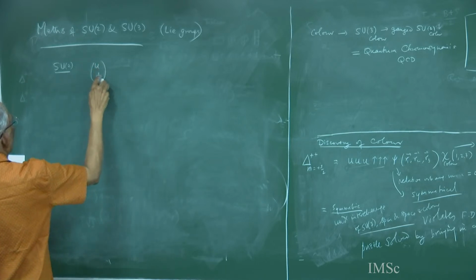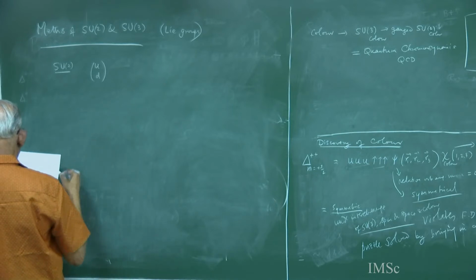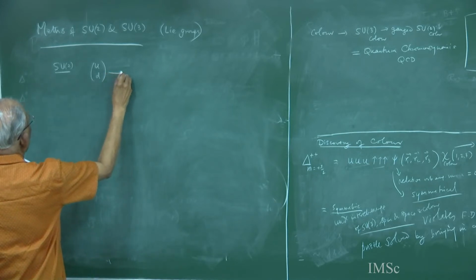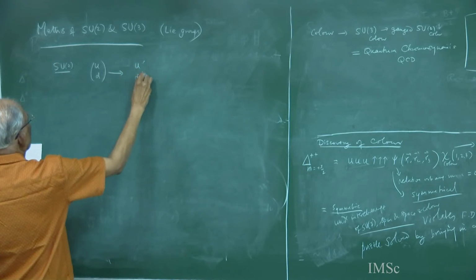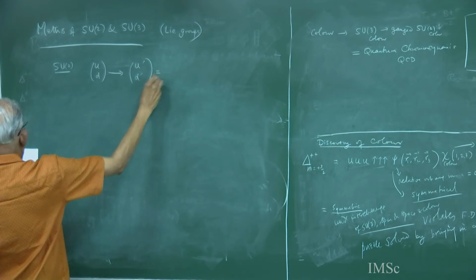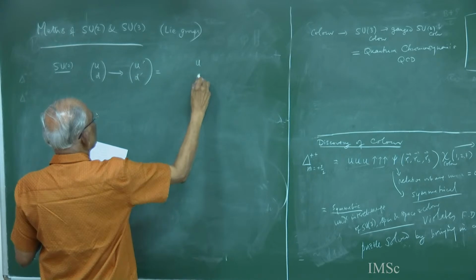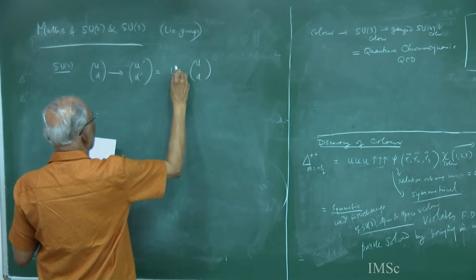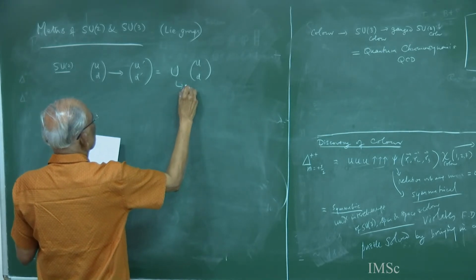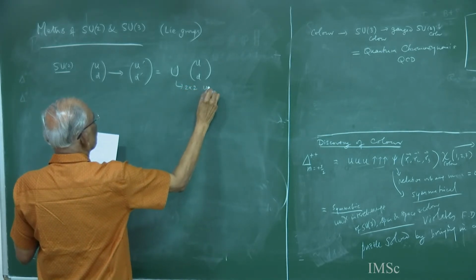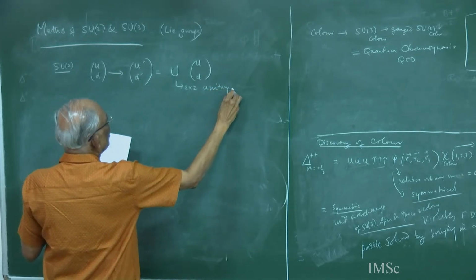This should be regarded as wave functions, so it's a 2-column vector, and you transform it by an SU2 transformation to U prime D prime, which is just the UD multiplied by a unitary matrix called U, a 2 by 2 unitary matrix. It's not only unitary but unimodular also.